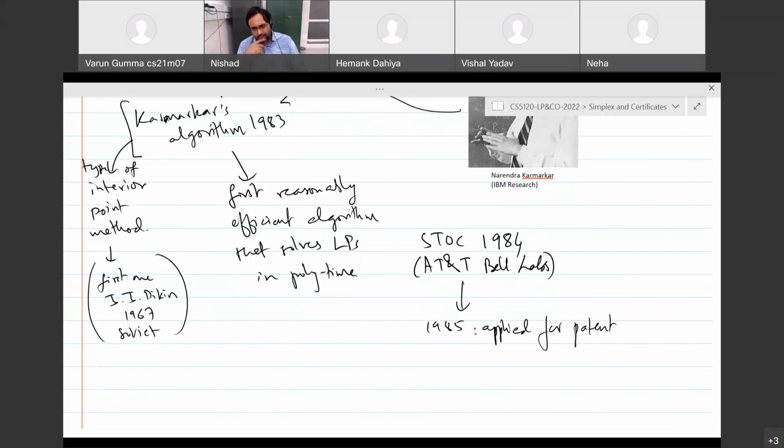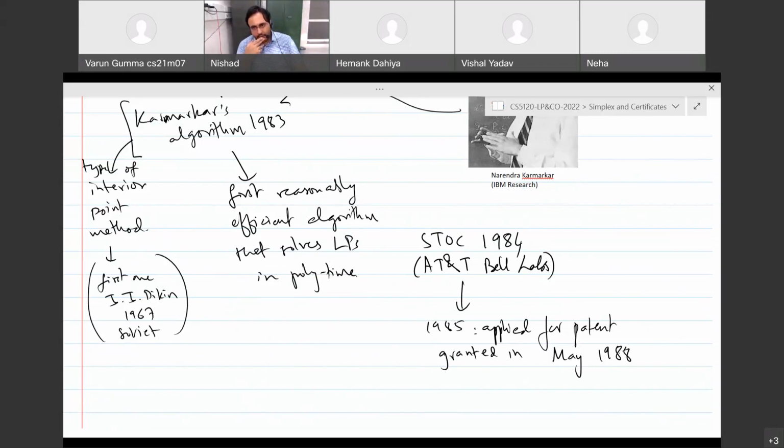So mathematicians and operations research folks were quite unhappy about this development. Turns out it was also debated in the US Senate, and the patent was granted in May of 1988. So they won the lawsuit, or whatever you call that. So it wasn't a very good development for mathematicians. It led to a lot of dissatisfaction.